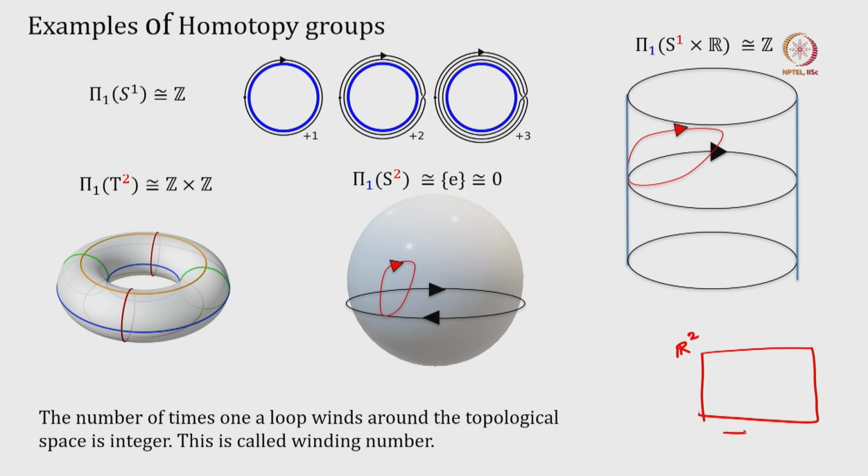That means I have one real number, another real number, and you have all these points and maybe some topology, the open sets, that is provided. Now here I can choose any point called the base point and I can draw a loop, and you can see that these are all trivial loops. So, there is only one type of loop, let us call it gamma.